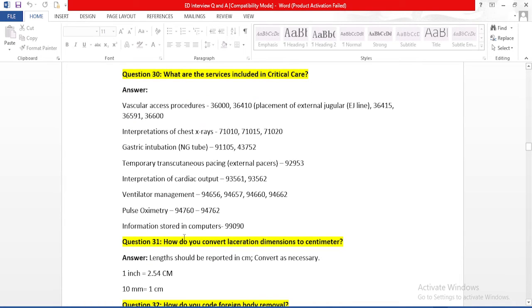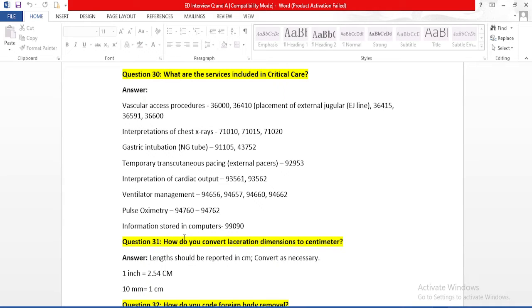Next one, what are the services included in critical care? Usually we have vascular access procedures, interpretation of chest x-rays, gastric intubation, temporary transcutaneous pacing, interpretation of cardiac output, ventilator management, pulse oximetry, and information stored in computers. If you see, all these procedures are very complicated.